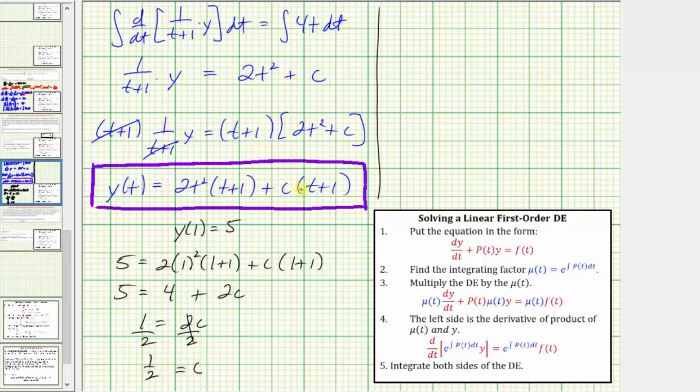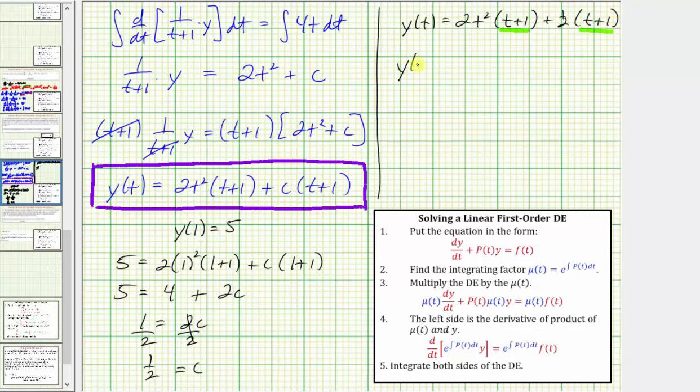Now substituting c equals 1/2 in the general solution, we would have y of t equals 2t squared times the quantity t plus 1 plus 1/2 times the quantity t plus 1. Notice how these two products contain a common factor of t plus 1. Let's go ahead and factor out the common factor of t plus 1.